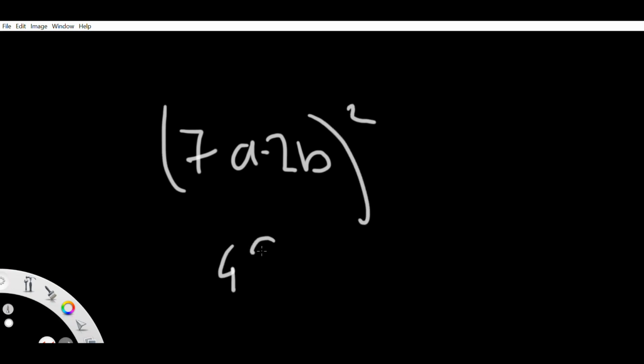Then let's look at this one, 7a minus 2b squared. This will just give us 49a squared minus 4b squared.